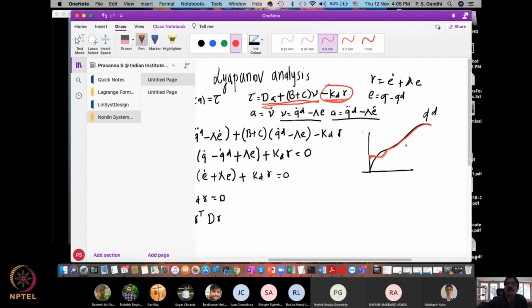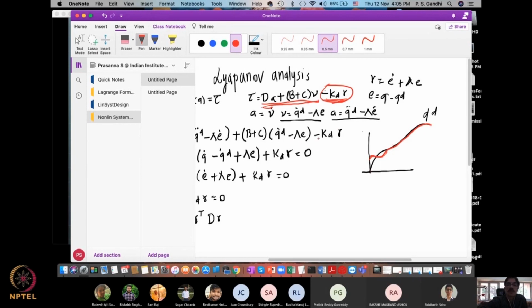Because most of the terms needed for the system to be along the trajectory are already fed forward here, the system will anyway try to go along this trajectory, and whatever small errors come because of disturbances and other uncertainties in the system will be taken care of by the feedback part of the term. And that's how you're driven nicely along this trajectory.